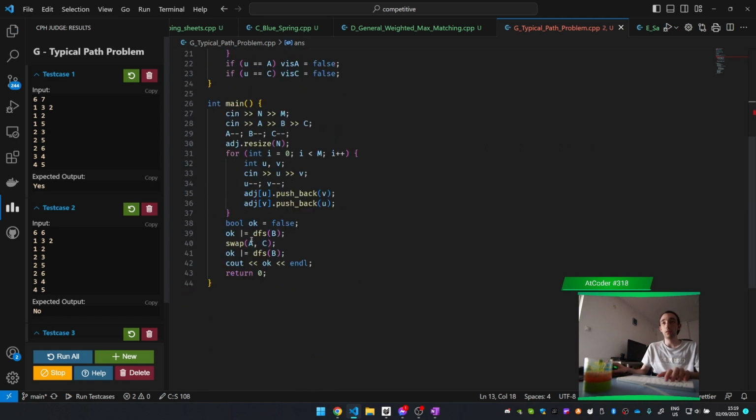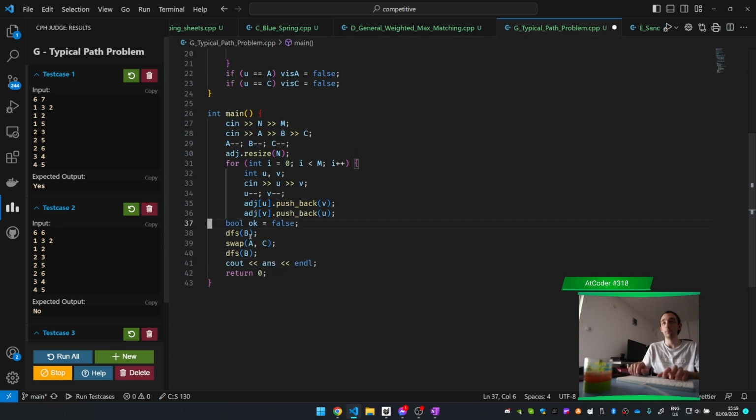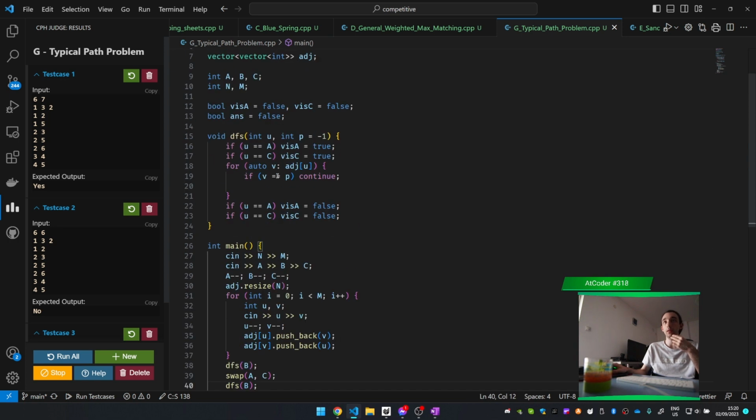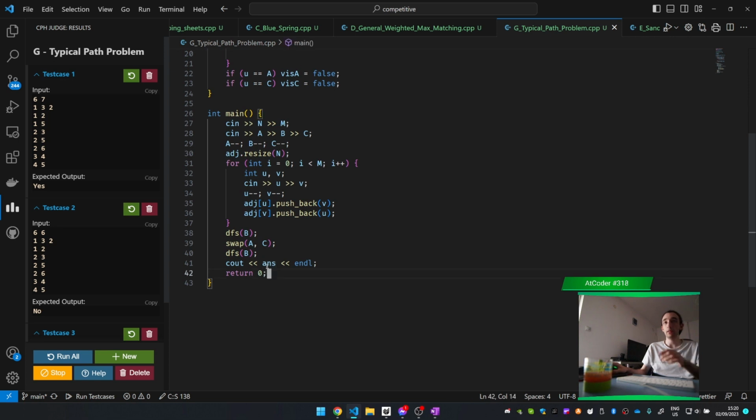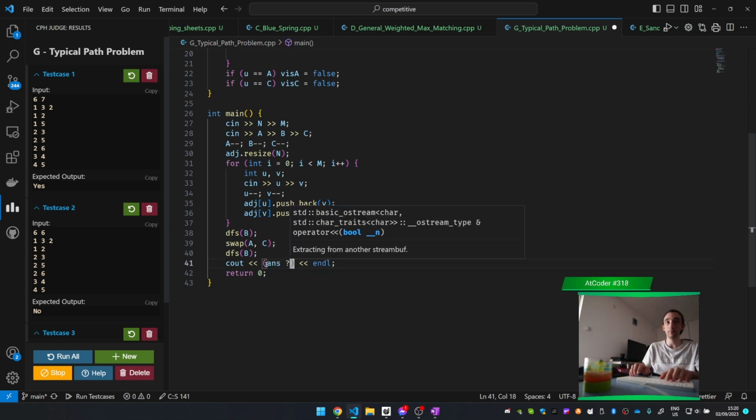And here I will just do this. So I'll start at B, then swap, then start at B again. Then at the end is the answer.